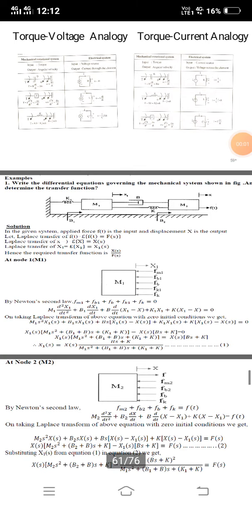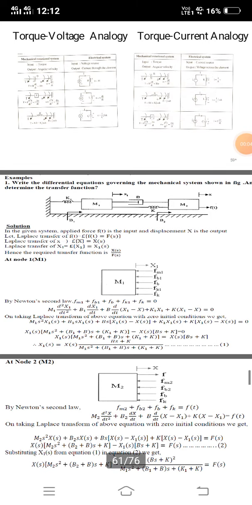Okay, let us begin with the problem of a mechanical translation system. How do we determine this is a mechanical translation problem? The given problem has mass m1, m2, k1, b or b1, and the input f(t) and x. These features mean this problem is a mechanical translation problem.